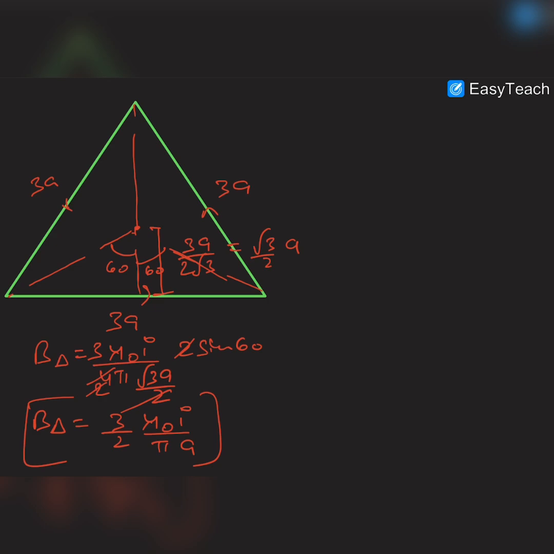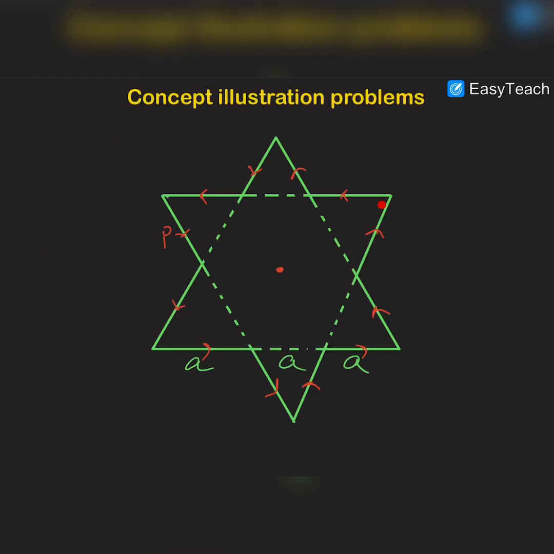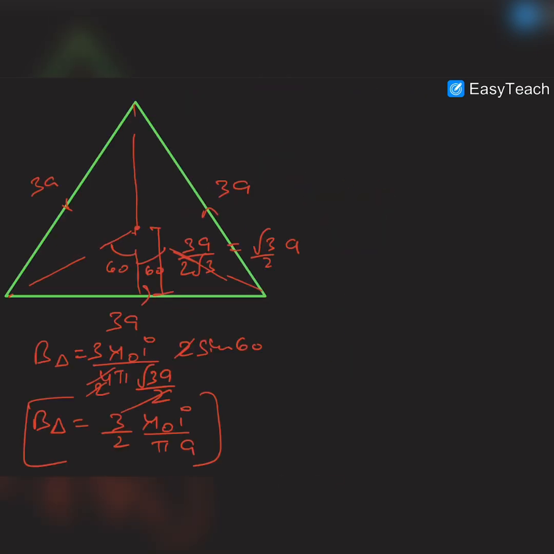Now we know that there are two triangles, so we will find the net magnetic field by adding up the magnetic fields of two triangles and subtracting the magnetic field of the hexagon. So now let us find the magnetic field of the hexagon. I'll draw the hexagon.